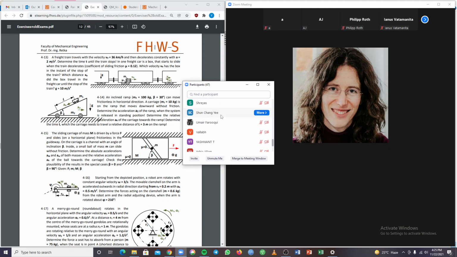N2 points in vertical direction upwards, and N1 points downwards under the angle beta. So N1 and N2 are both unknowns. But of course, you can rearrange your equation and substitute for N1, for example. Yes. Okay. Thank you.